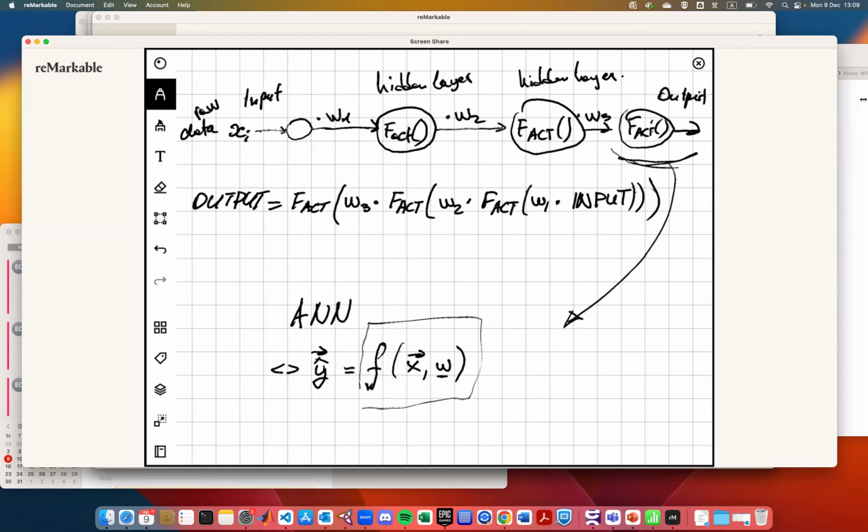This comparison is done inside a so-called cost function.